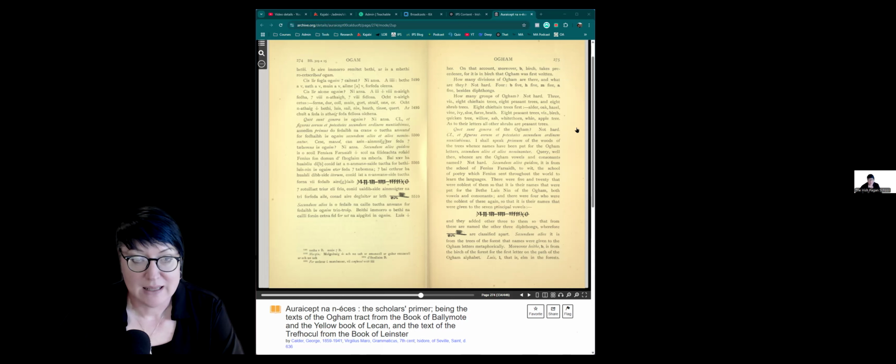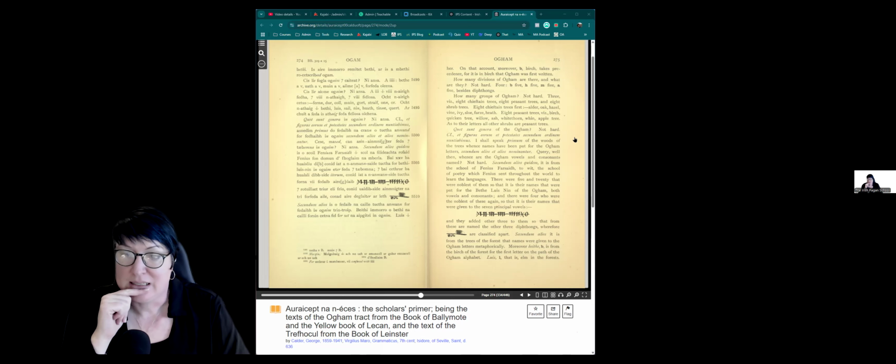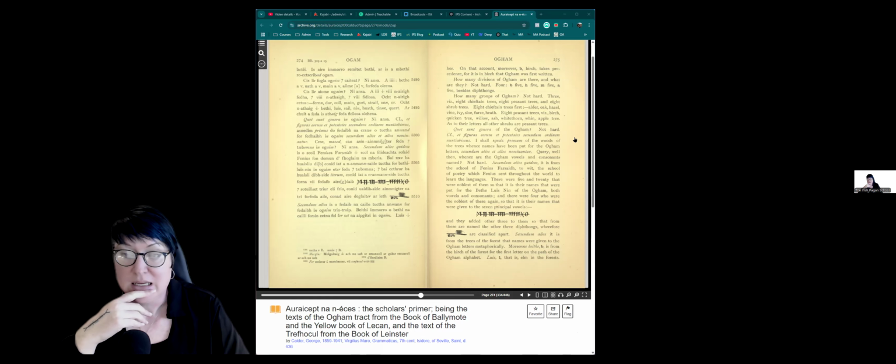So how many groups of Ogham? Not hard. And this is interesting, right? It's the question and then the answer in the Irish. So the question is asked directly and then the answer follows. You'll hear my partner John use this regularly: it's ceist, question, and then the answer is 'not hard' or 'not hard to say'.